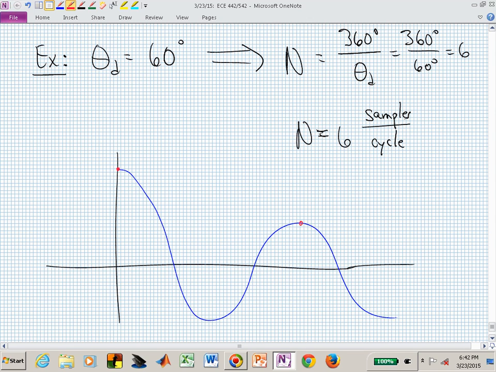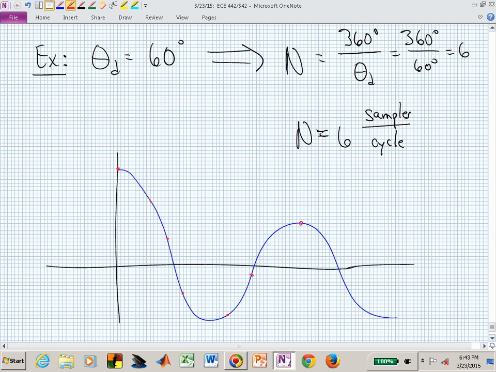And now what we want to do is, if we start at 0, we want 6, and then 7 would be that next peak. So with 6 samples per oscillation cycle, those are supposed to be uniformly distributed between the 2 peaks. Is it clear what I'm trying to say with capital N?